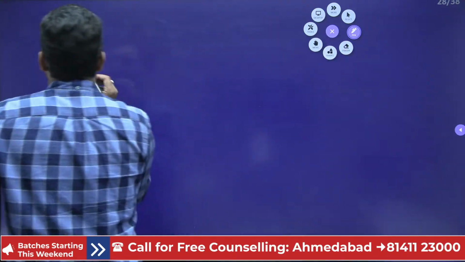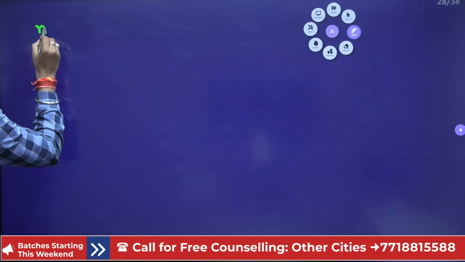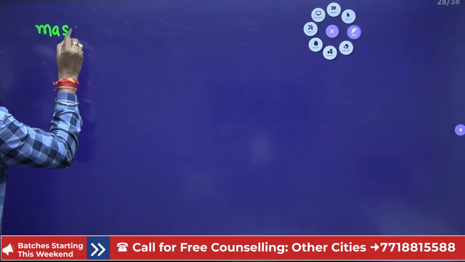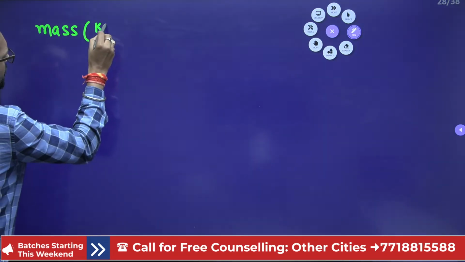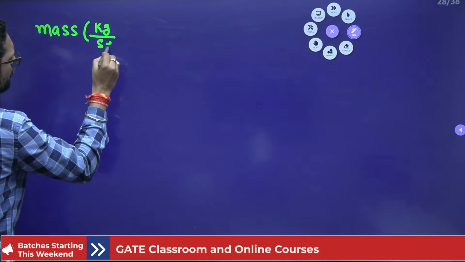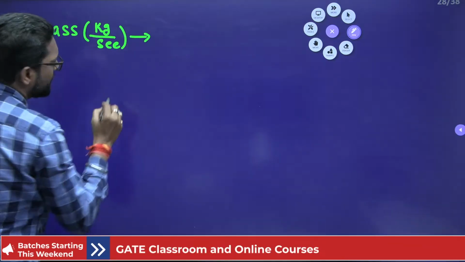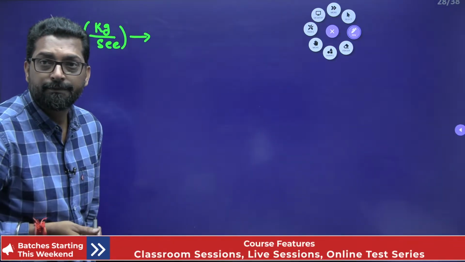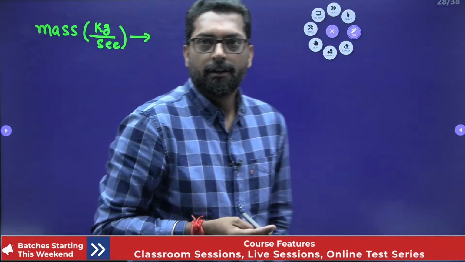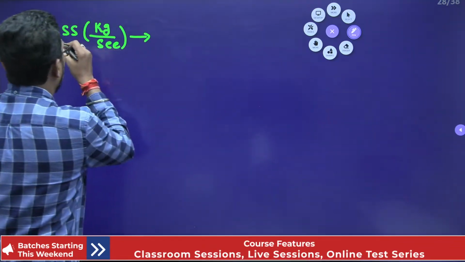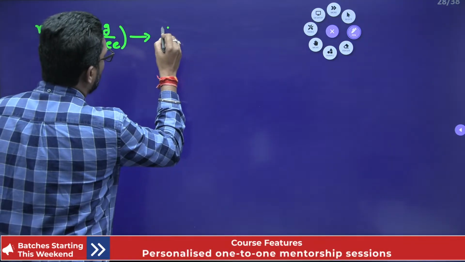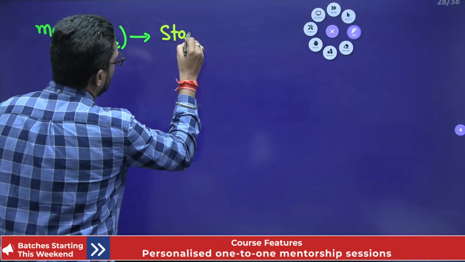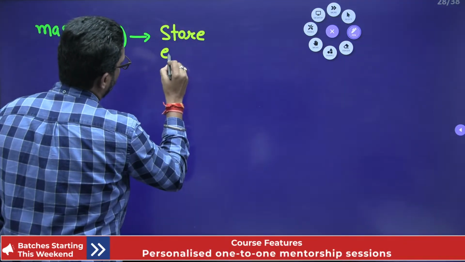See beta, if there is a mass flow rate, that means kg per second, this mass has a stored energy.